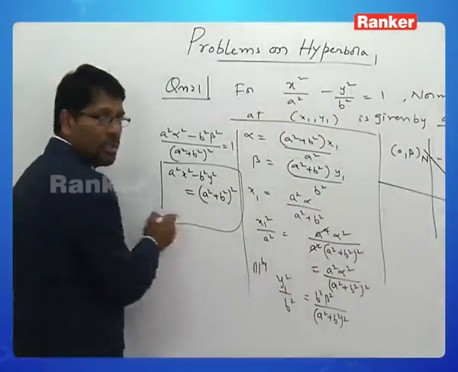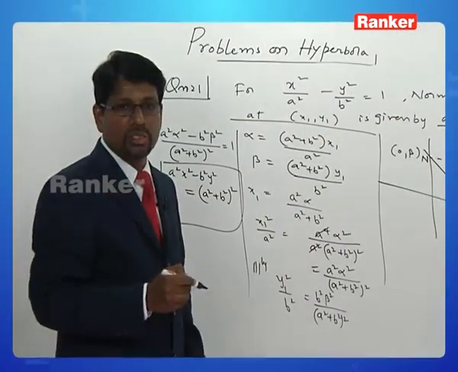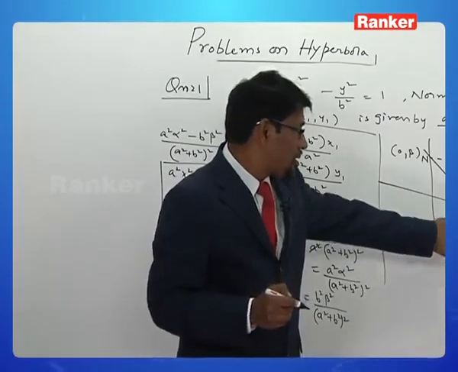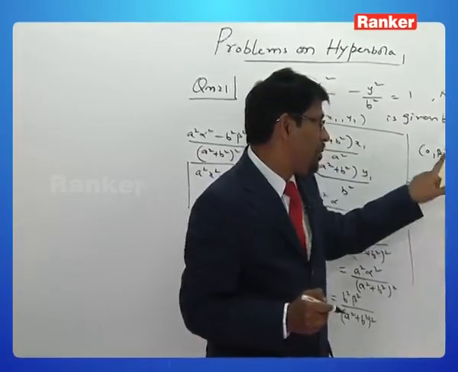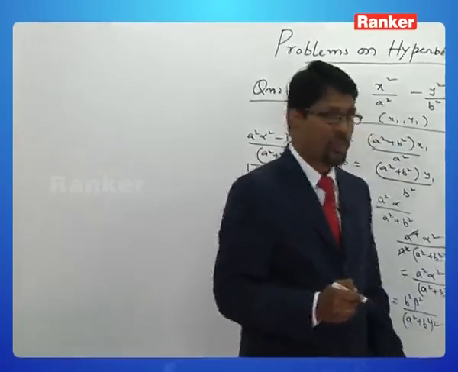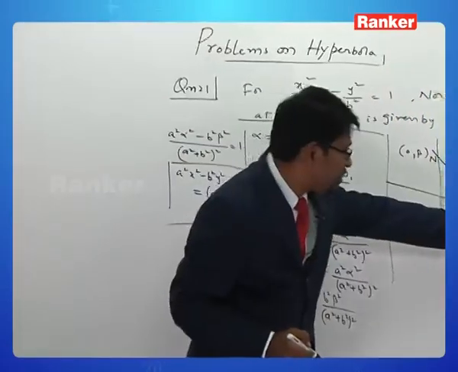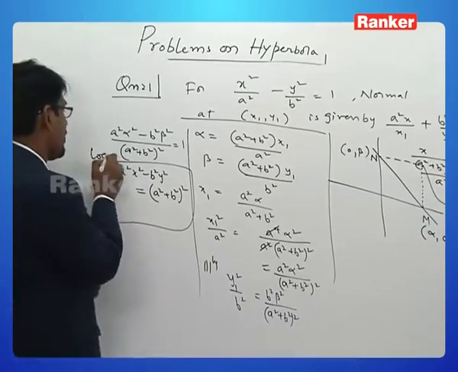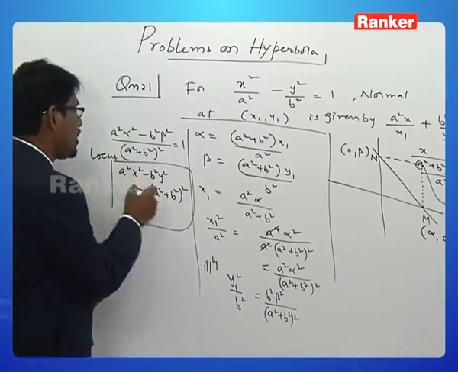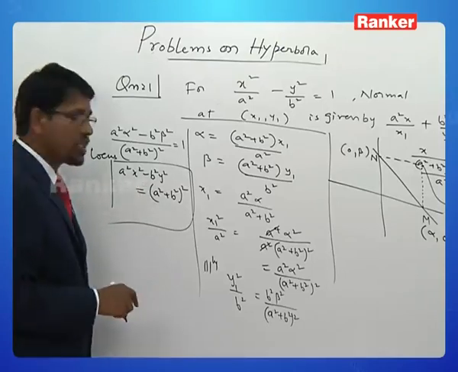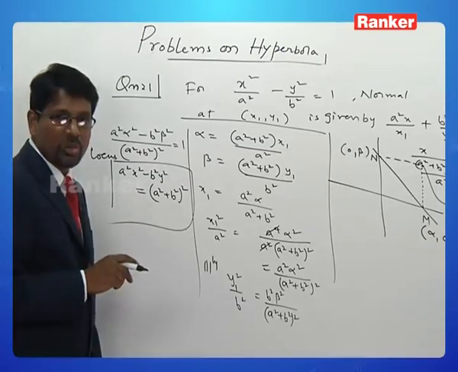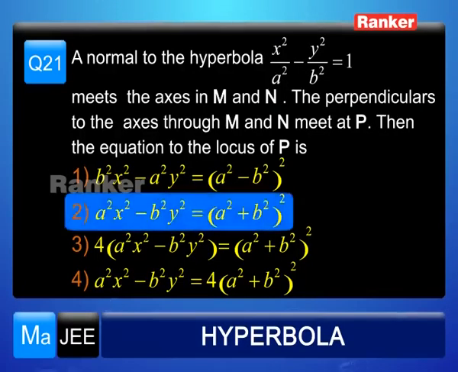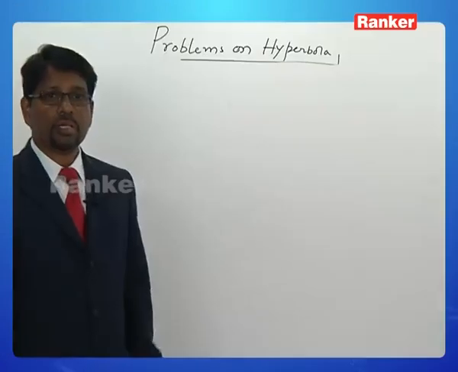So that is the locus of the point alpha comma beta, that is the point where the perpendiculars at M and N are meeting at P. We wanted the locus of that point. So locus is a square x square minus b square y square is equal to a square plus b square the whole square, and option 2 is the right option. Let's look at the next question.